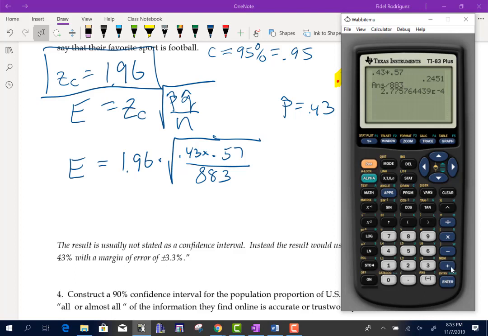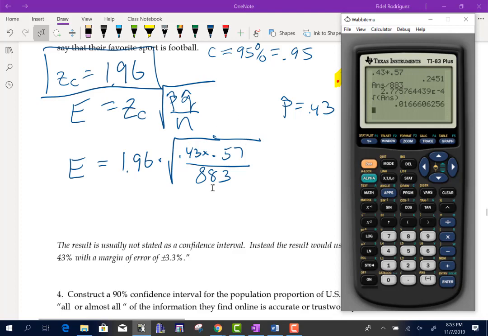Equals. Now what am I going to do with that number? We're going to take the square root of it. Second, square root, and it opens up. What I want to type in there is my answer, so I go second, and right above the negative sign there should be the answer button. So far, we good? Anybody got any questions? Then hit enter again.